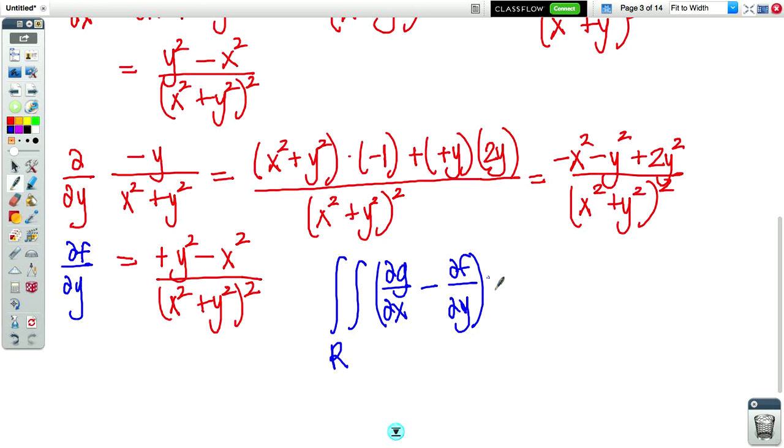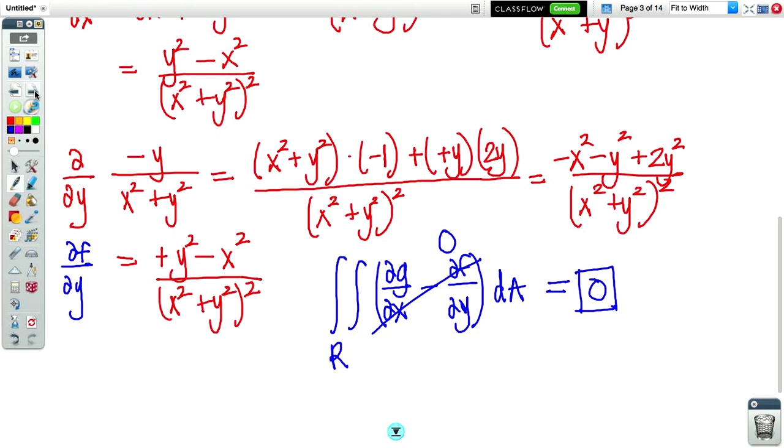Is that right? Yeah. But these are the same. Partial g with respect to x and partial f with respect to y are the same. So this entire thing becomes 0, and it's a double integral over, I don't even know the region, because I didn't have to know the region, of 0, which makes our entire answer 0 without doing any computation at all.